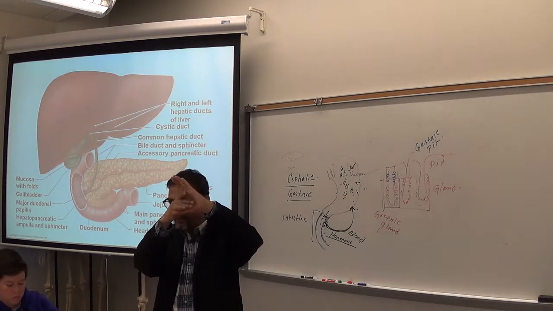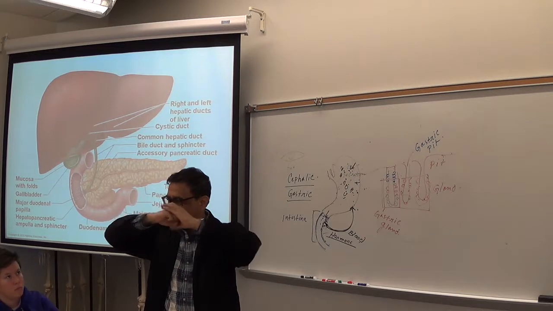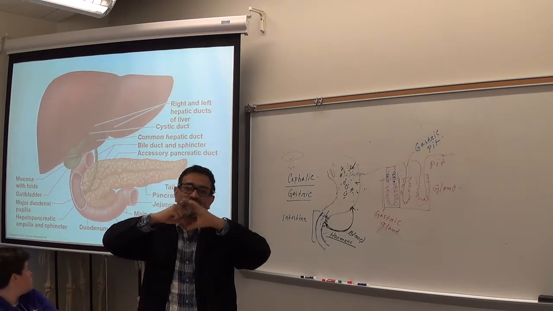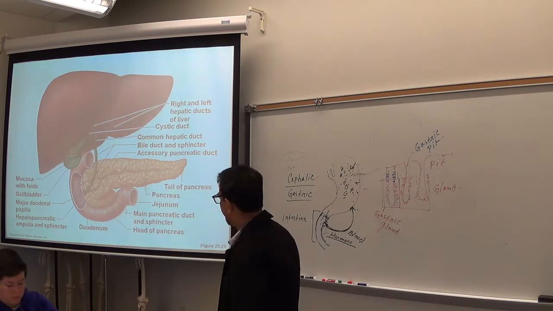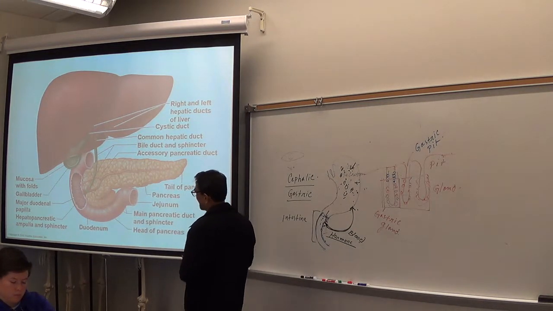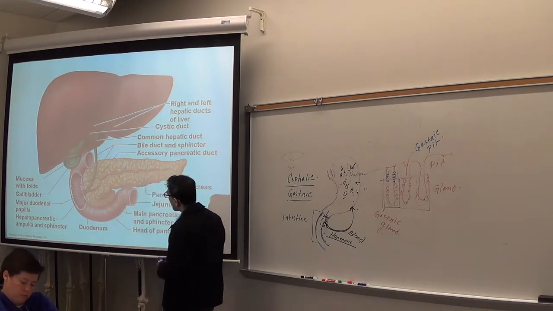The small intestine is C-shaped, right? Remember? So this is the head of the pancreas, very nicely fitting there. That is one thing: the head of the pancreas fits in the curve of the duodenum.